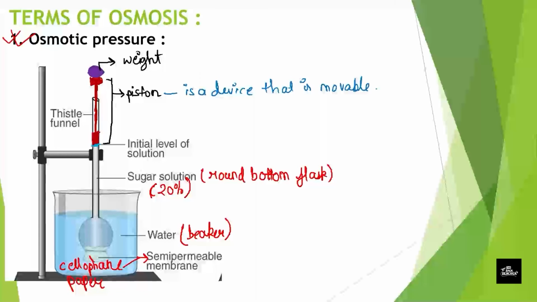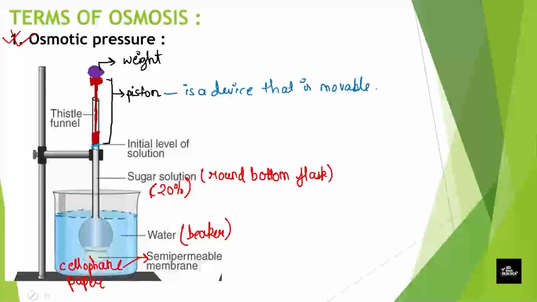So if we observe this apparatus after some time, what we are going to notice is that the level of solution inside the thistle funnel and the level of water inside the beaker are both remaining as they were.